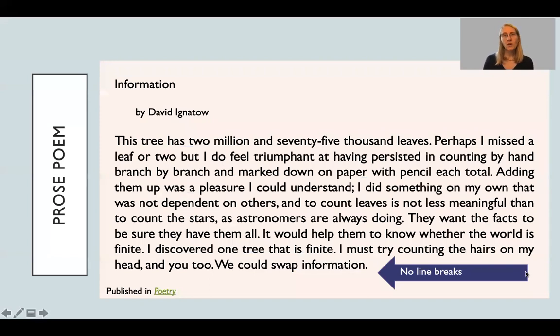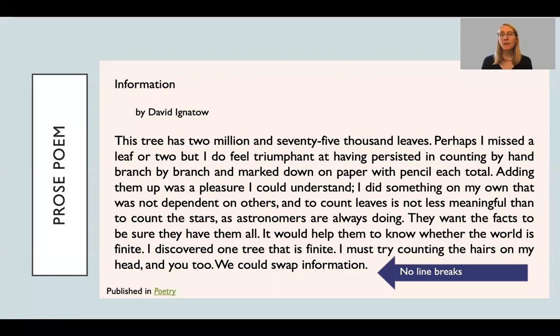This poem is called "Information" by David Ignatow. This tree has 2,075,000 leaves. Perhaps I missed a leaf or two, but I do feel triumphant at having persisted in counting by hand, branch by branch, and marked down on a paper with pencil each total. Adding them up was a pleasure I could understand.